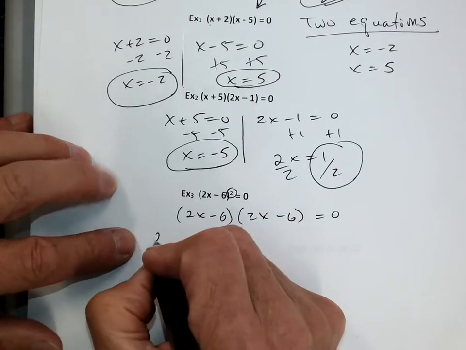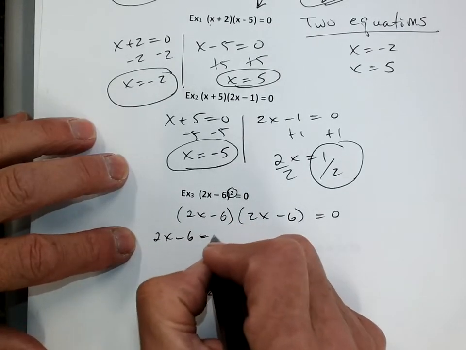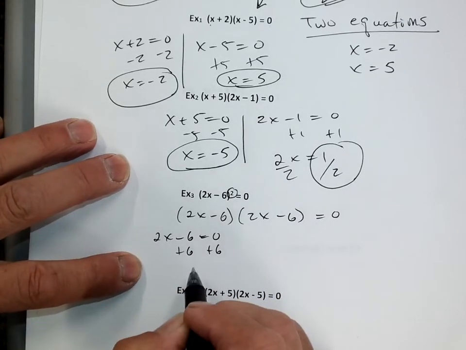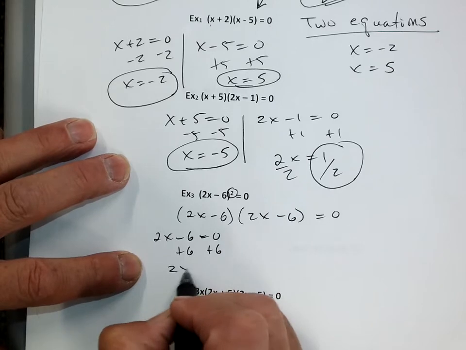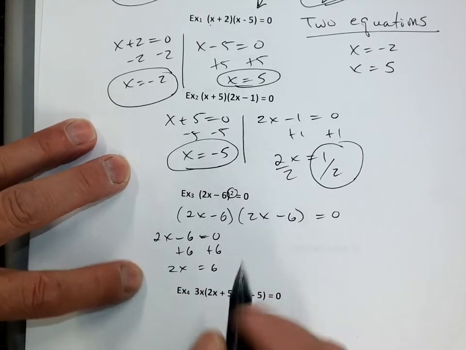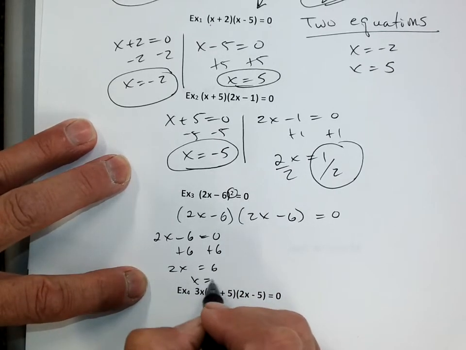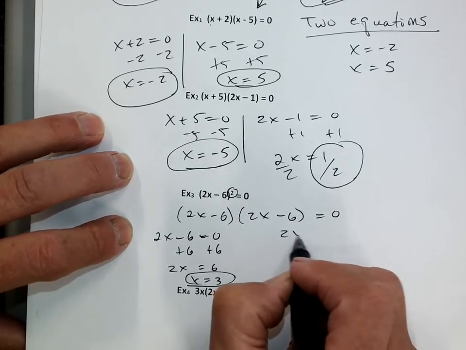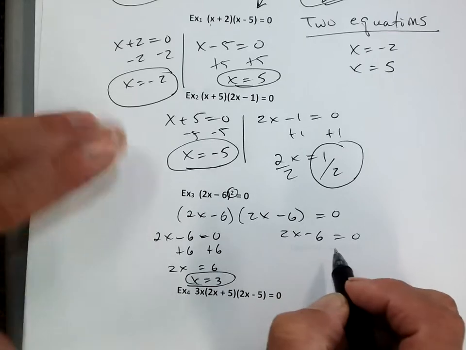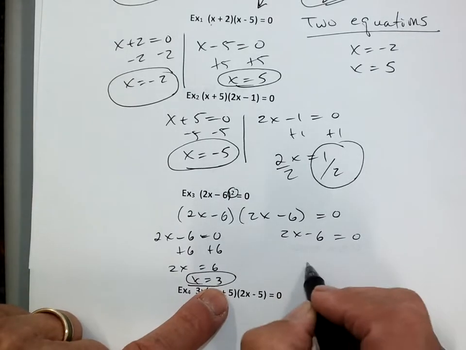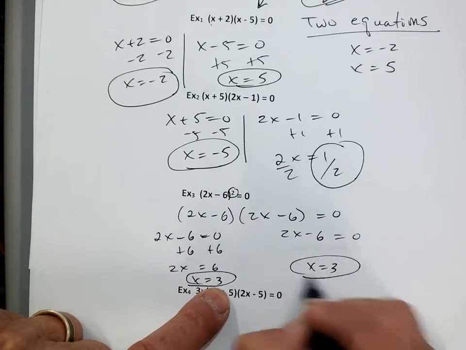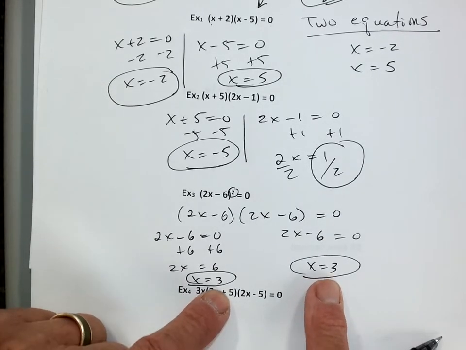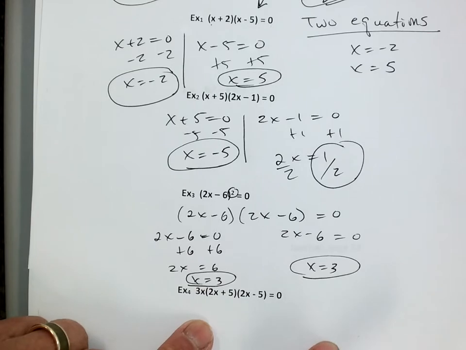We'll have 2x minus 6 equals 0, plus 6, I'll get 2x equals 6, divide by 2, and x is 3. There's one answer. Over here, we get the exact same answer again. So even though x equals 3 both times, we'll say technically that's 2 answers because 3 occurs twice.